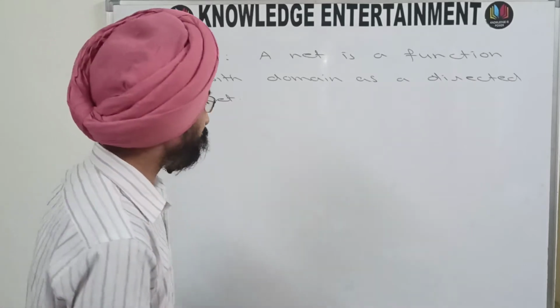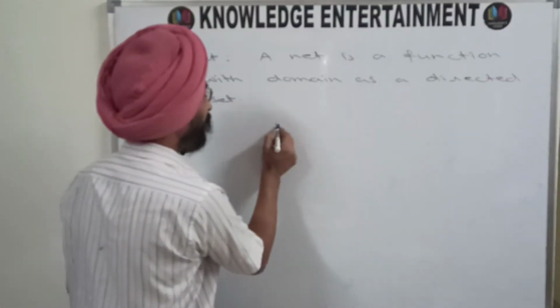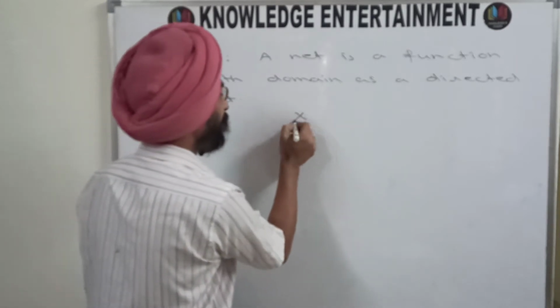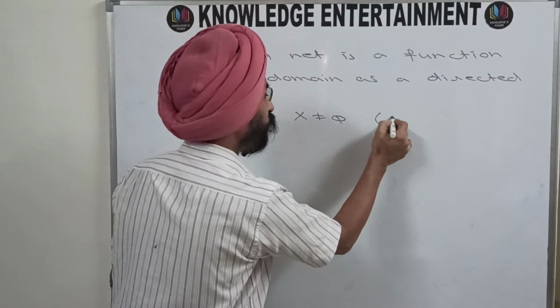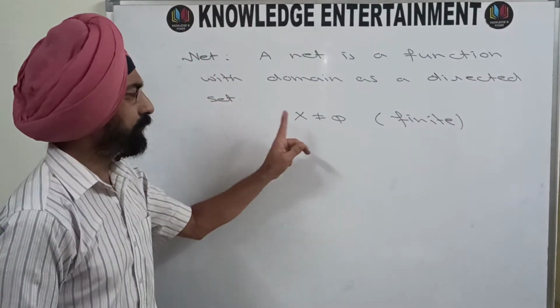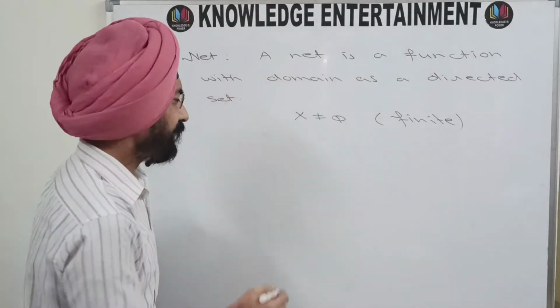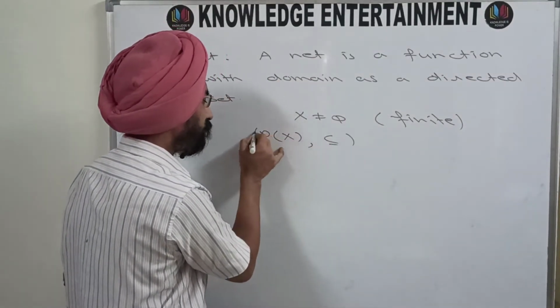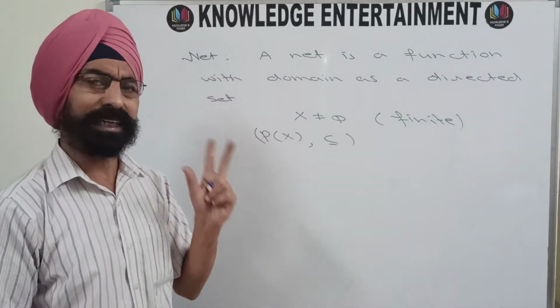I am giving an example here. First of all, let X be a non-empty finite set. Then the power set of X with the subset relation is a directed set.